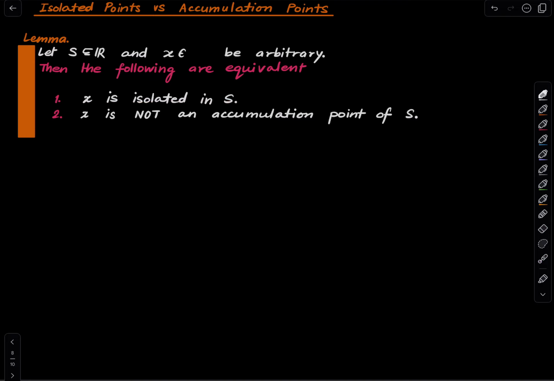I wanted to say that x is in S. So the first statement is that x is isolated in S. And the second is that x is not an accumulation point of S. And this is immediate from the definitions. So proof: obvious, or clear, which just means that you take that as an exercise. It's a one-line argument.